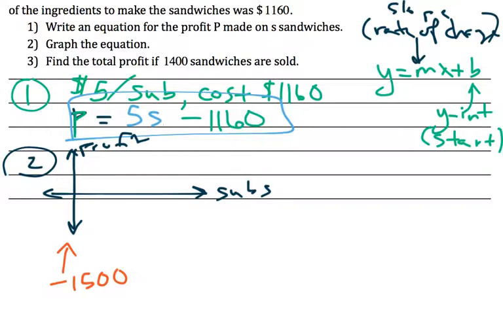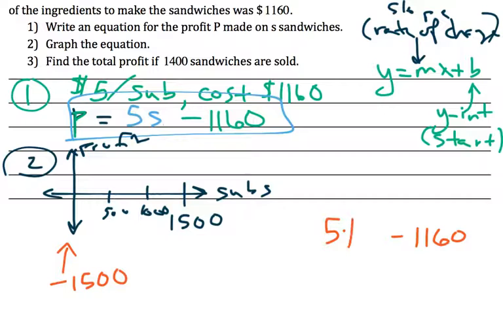But if I'm told I need to sell 1,400 sandwiches, well, in that case, here's me going all the way to 1,500 with 500 and 1,000. So it'd be nice to figure out the other boundary. Well, I know it's going to be 5 times something minus 1160.